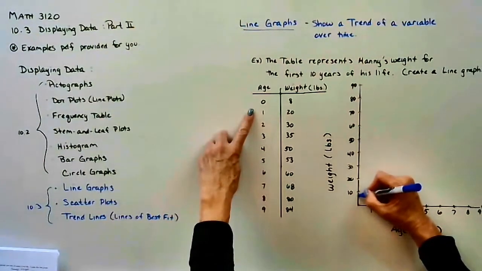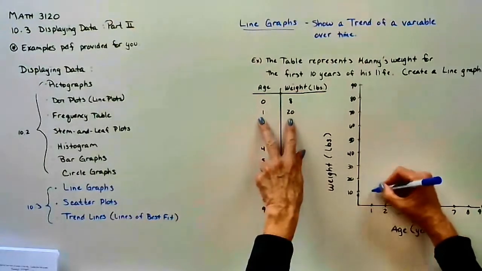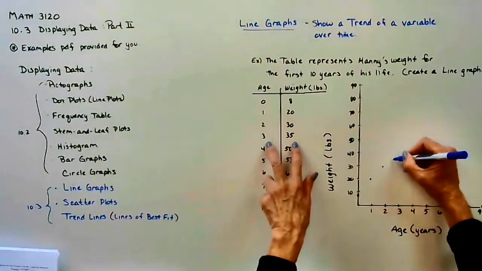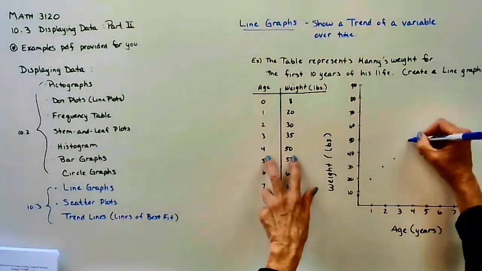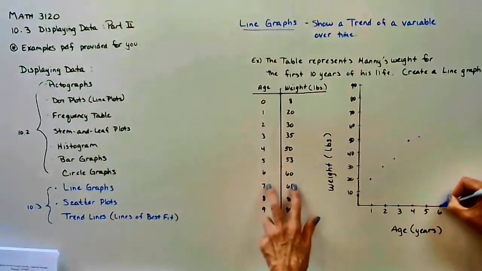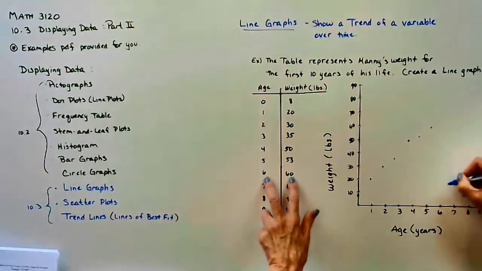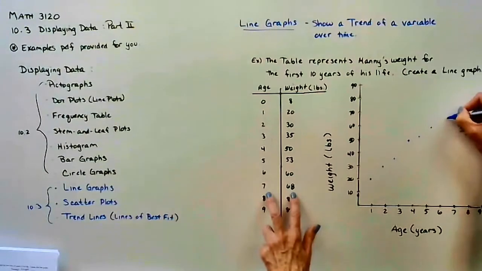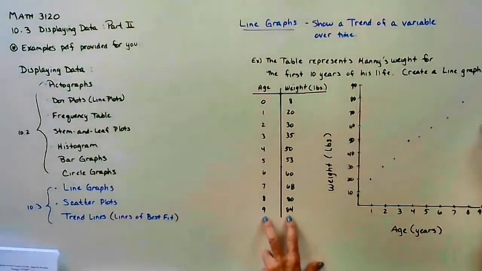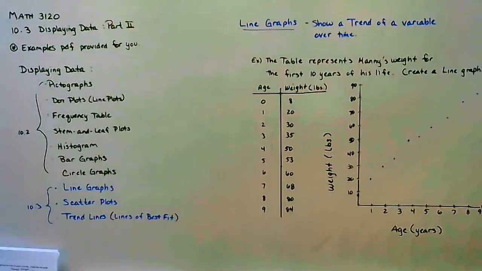So 0, 8, I'm going to estimate that's about 8, 1, 20, 2, 3, 35, 4 comes all the way up to 50, 5 comes to 53, 6, and of course again this works better if you have graph paper, but I think you guys are estimating like I am. 8 goes to 80 pounds, and it should make sense for this growing child that the first 10 years of life they should be growing, so therefore they should be weighing more. And then this is how to do the line graph.